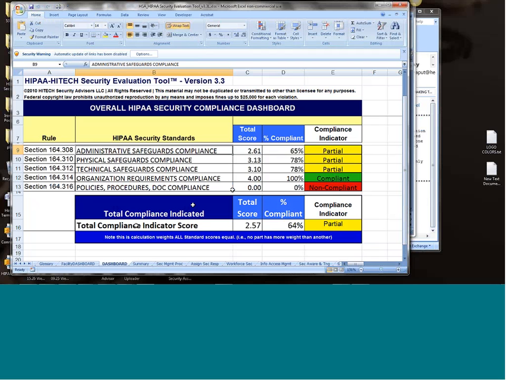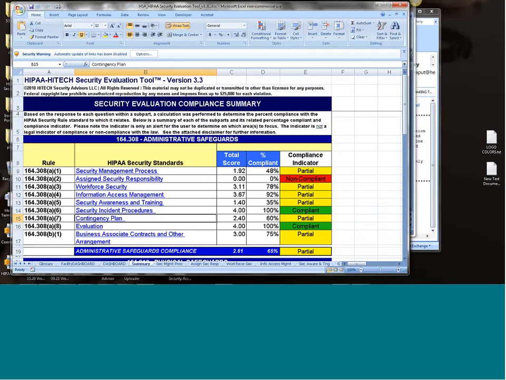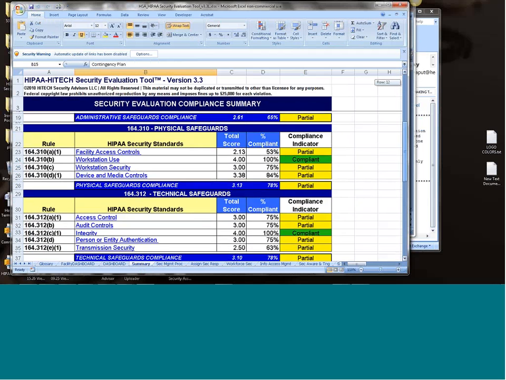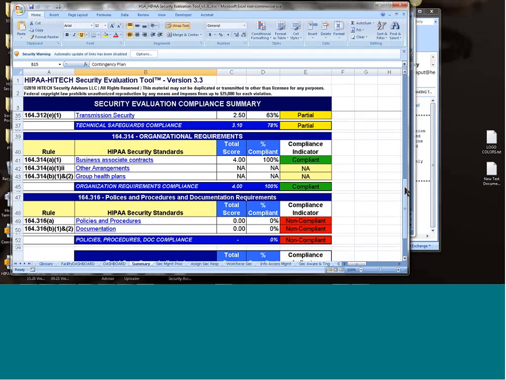We do a lot of work in this area, as I mentioned. These are the 5 safeguard areas in the HIPAA security law. They break down into so-called implementation standards, and the standards into implementation specifications, again, just for illustrative purposes.